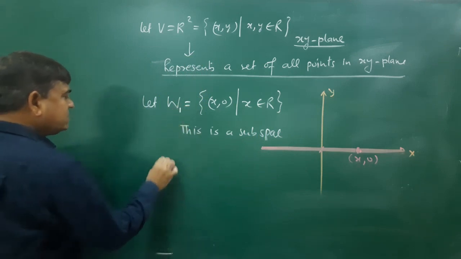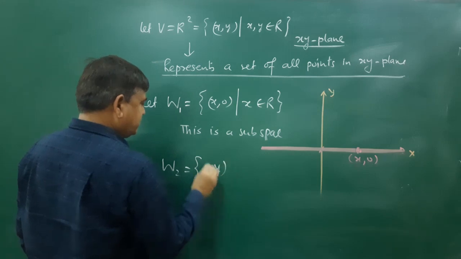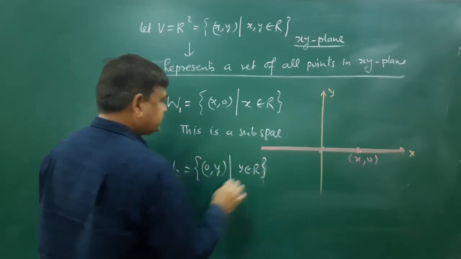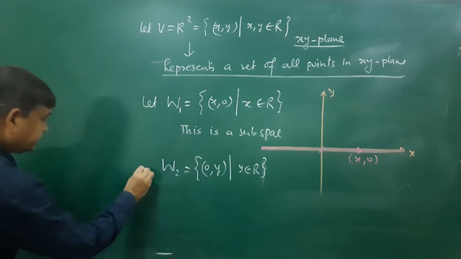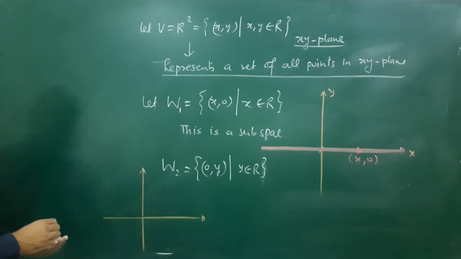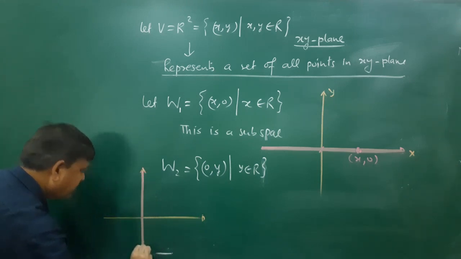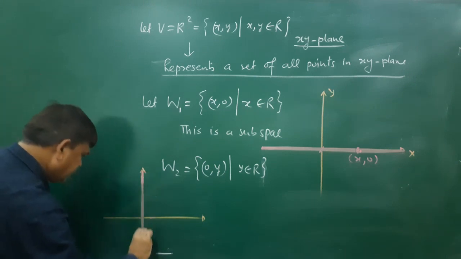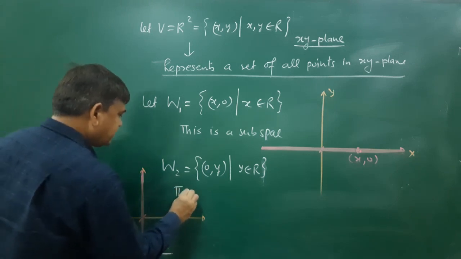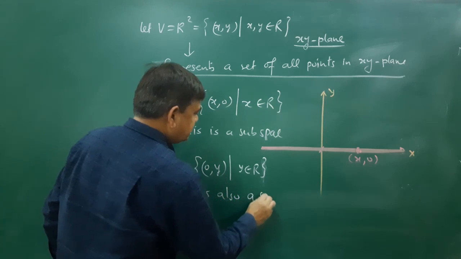Similarly, suppose this is W1, and I say W2 equals the set of (0, y), for example, where y belongs to R. Then what will happen? You find it is this line because the x coordinate is 0. Here it is the origin, so this is also a subspace.